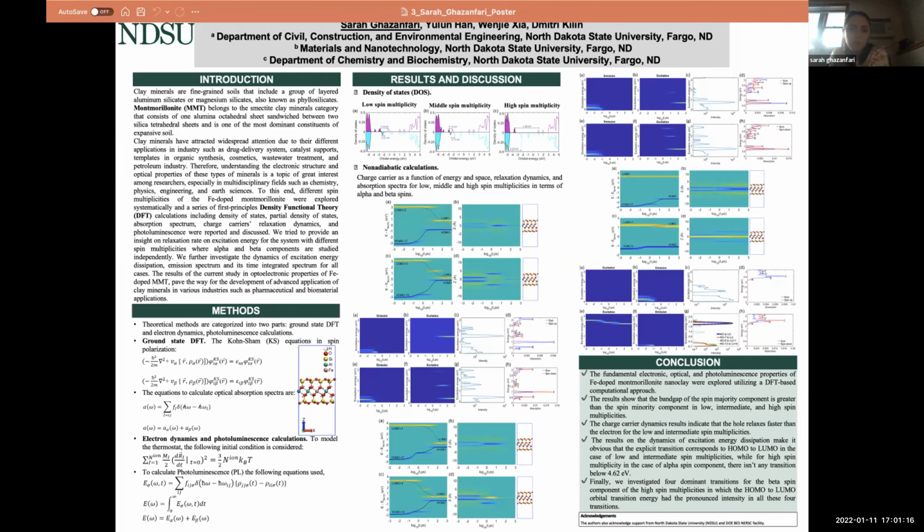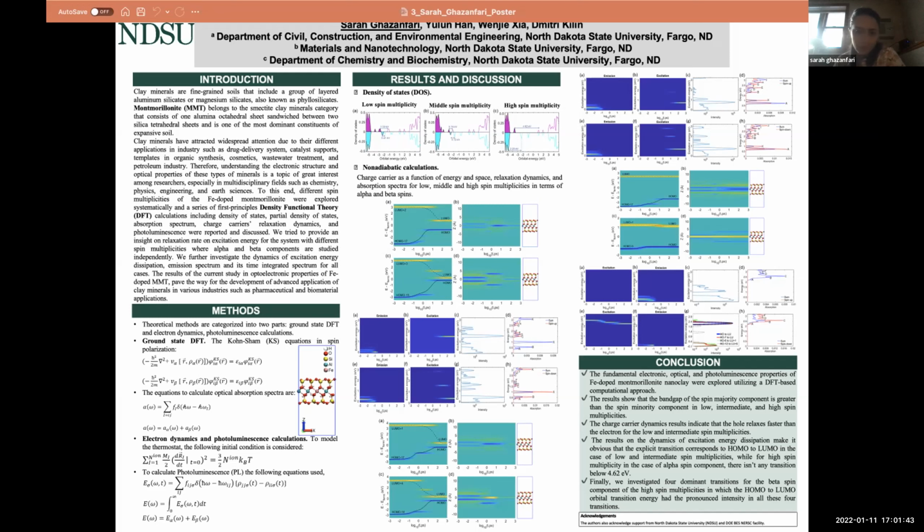Then the results of the dynamics of excitation energy show that the explicit transition corresponds to the HOMO to LUMO, as I said before, in the case of the low and the middle spin multiplicities.